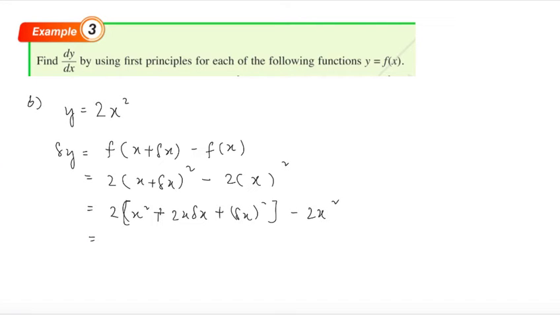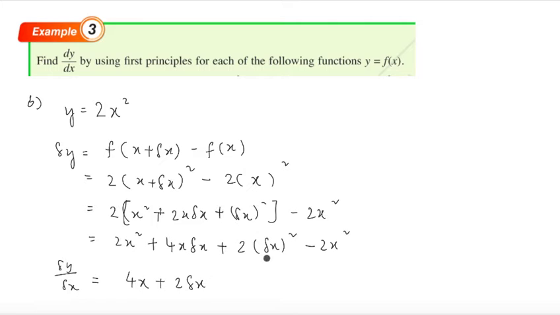Now expand the 2 inside, so you get 2x squared plus 4x delta x plus 2 delta x squared minus 2x squared. 2x squared later you cancel with 2x squared, no more. Then you are left here. So now your delta y over delta x equals, this one over delta x, go there, no more, so 4x. Delta x go there, you become 2 delta x.